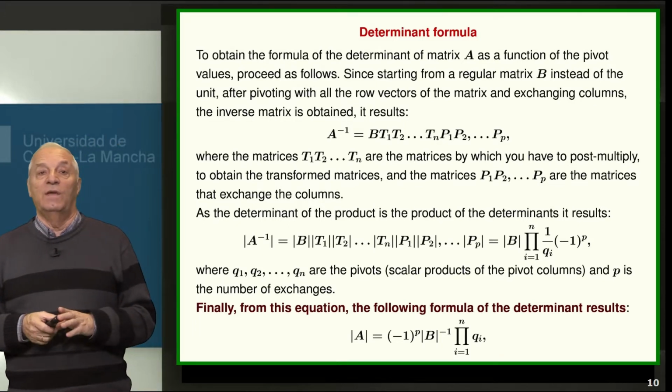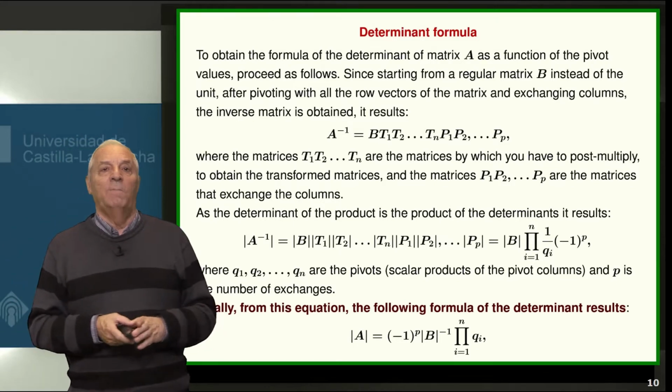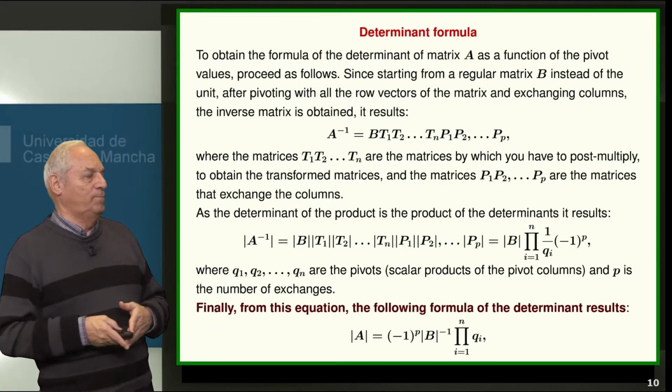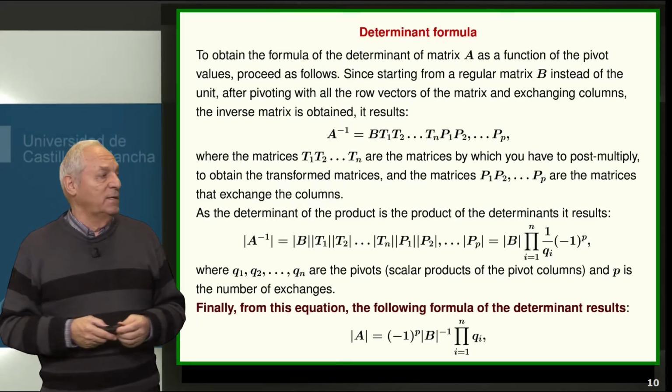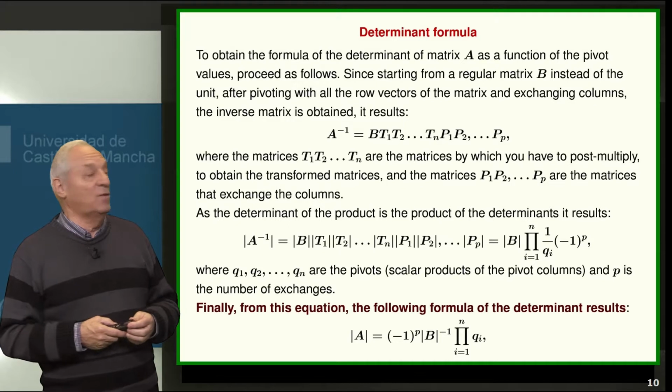We start from the matrix B, the matrices T are the transformations that we are using for pivoting, and the matrices P are the transformations that we have to use to place the columns in their places.